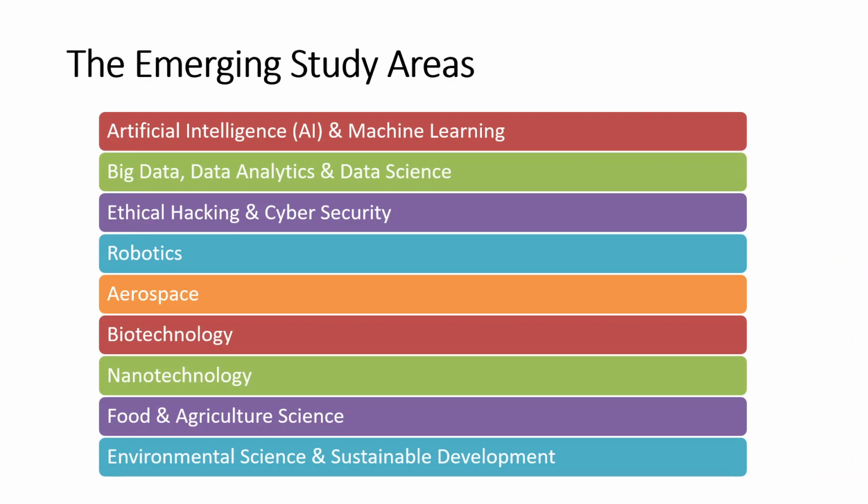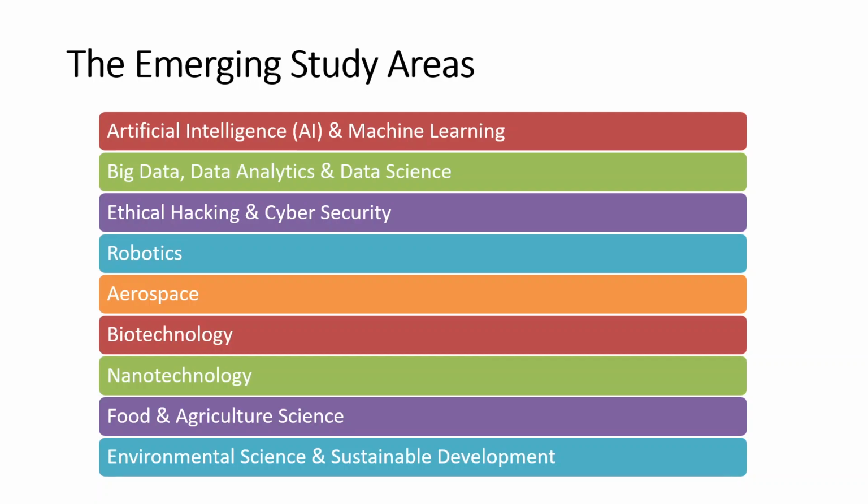Right. Now we are done with the basic classification. Now let's briefly look at some emerging study areas, especially when you are planning for your careers, your future. You have to keep an eye on the new areas because there will be more opportunities in these new areas in the future. This is again not an exhaustive list. Some of the selected areas are mentioned here.